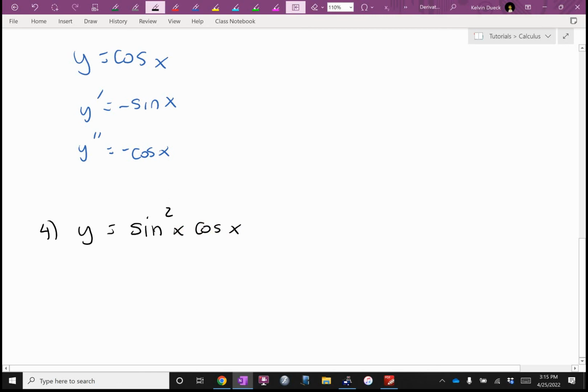We just got way tougher. This is a product rule. That's U, that's V. The product rule says UV all prime is U prime V plus V prime U, or UV prime. That's how he wrote it on the formula sheet.